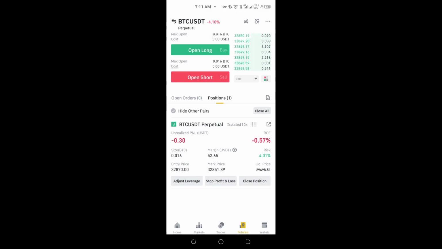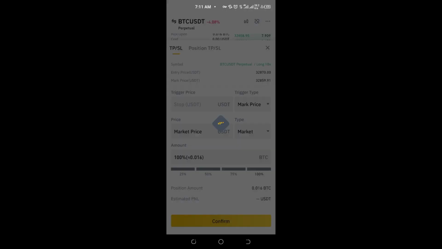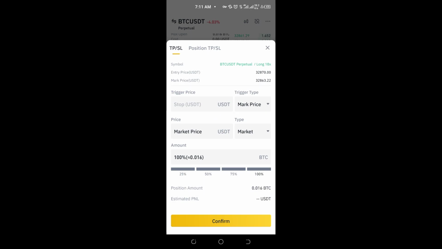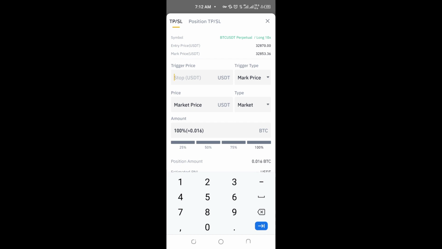Alright, you move to the next, which is the stop profit and loss. You click on it. Here you can actually set your stop loss and your take profit. So our entry price is 32,870. Let's see if the market moves up to 32,900.